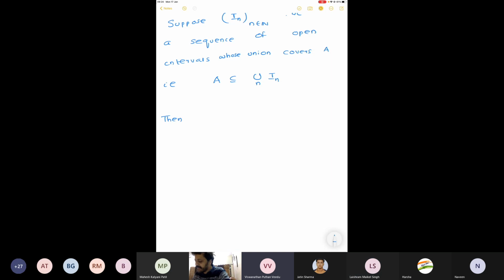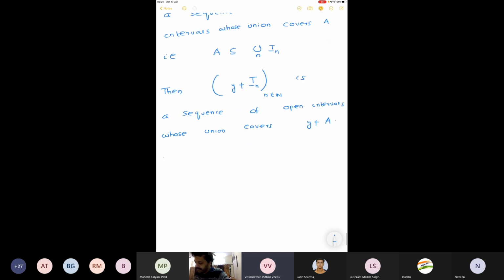Then the sequence y plus I_n, n belonging to N, is a sequence of open intervals whose union covers the translated set y plus A. And therefore M star of the translated version y plus A is, by definition, the infimum of the summation of lengths over all such sequences of open intervals.